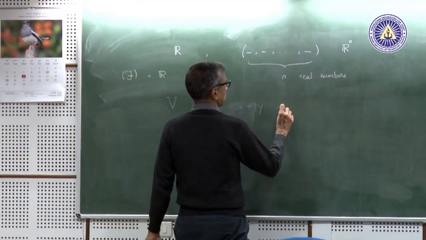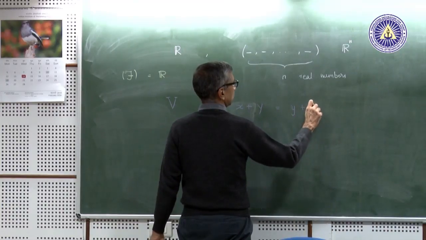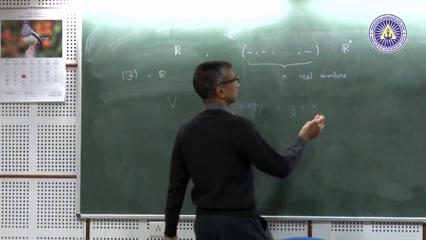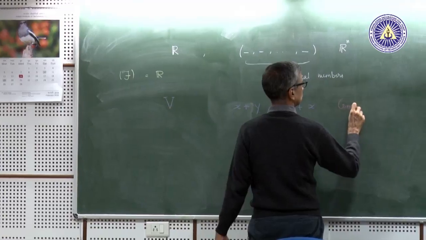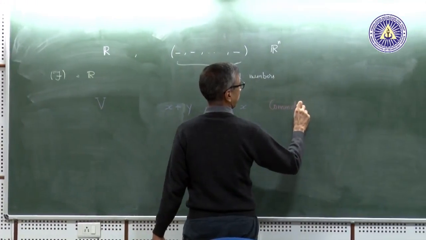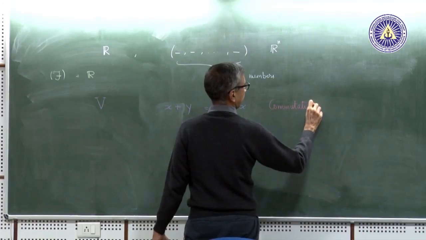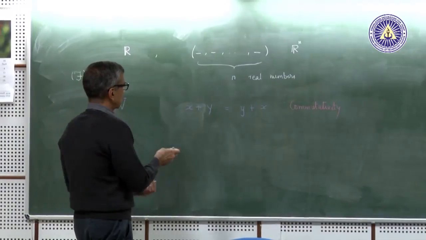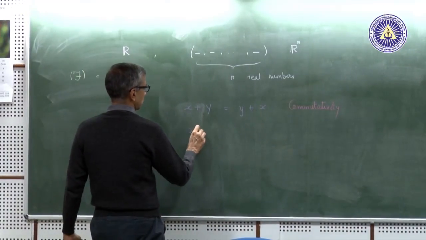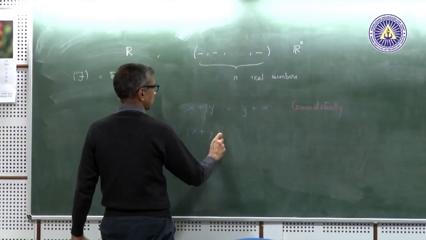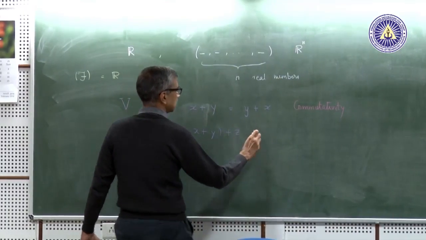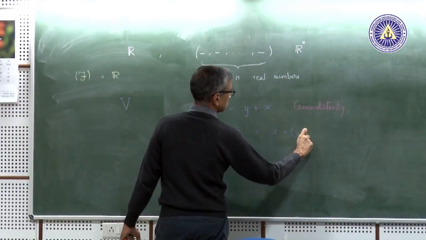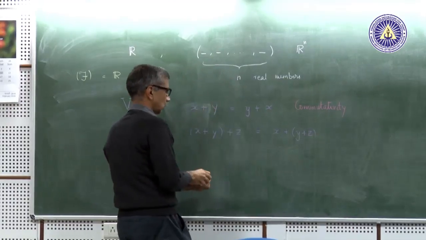Now x plus y also obeys y plus x, so it has what is called commutativity. Then you also have, if I do x plus y and then add z, that's the same as doing y plus z and adding x. So that's called associativity.